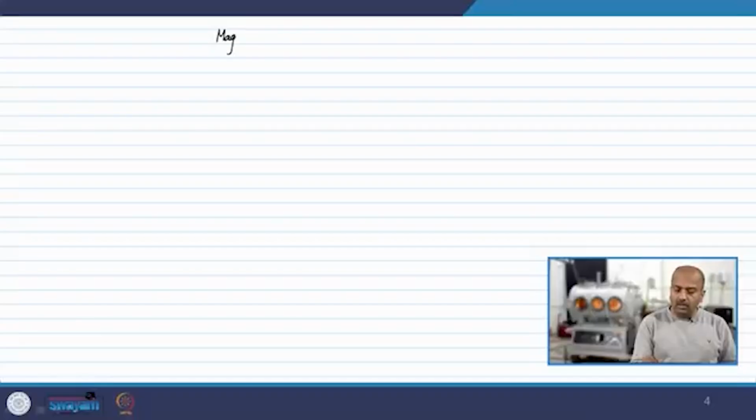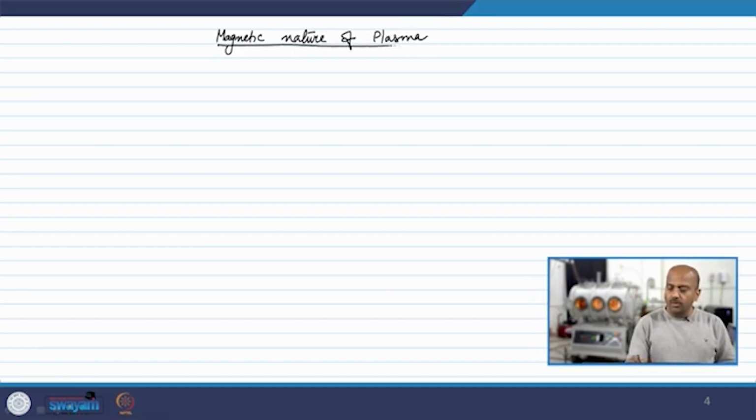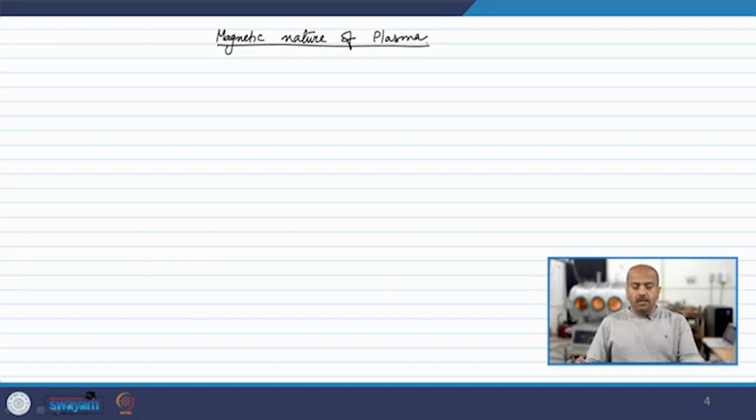Now, let us first consider the magnetic nature of plasma. What do you mean by that? So, the magnetic nature can be, broadly speaking, a diamagnetic material, a paramagnetic material, or a ferromagnetic material.